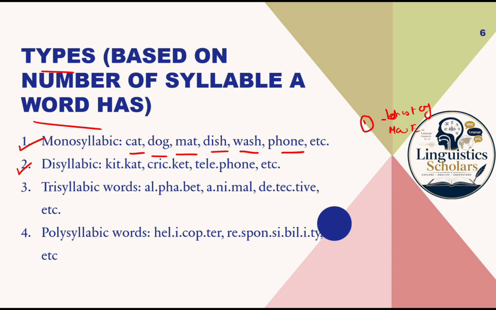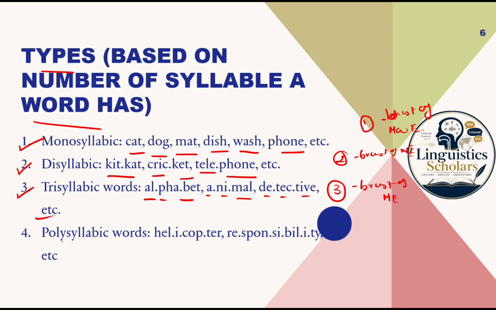In a disyllabic word, you use two bursts of muscular energy, as in Kit Kat, cricket, telephone. In a trisyllabic word, you use three bursts of muscular energy, as you can see, alphabet, animal, detective, etc.